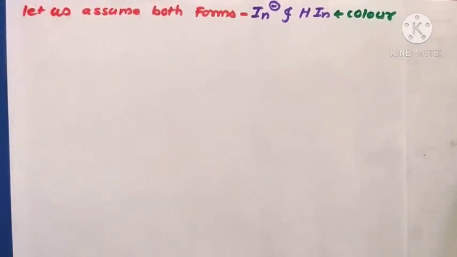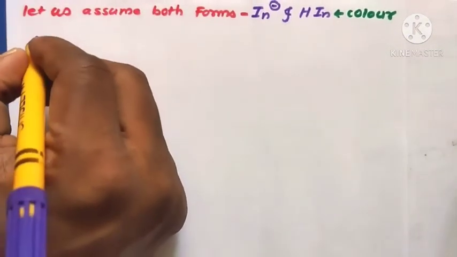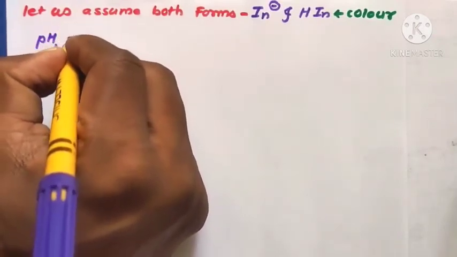Therefore, the equation is pH is equal to pKin plus log of the concentration of In minus divided by the concentration of HIn.